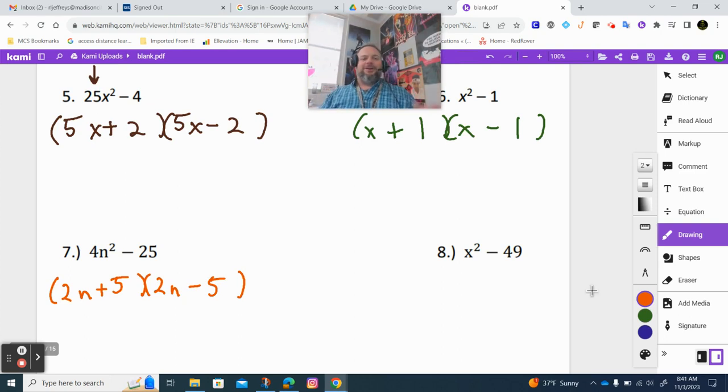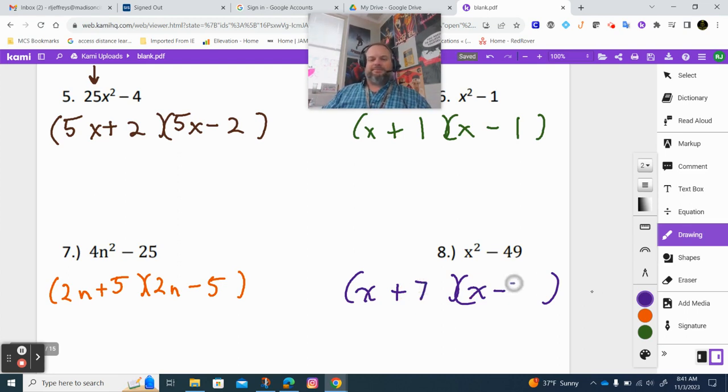Here, the 4 is in the front. 25's in the front, 25's in the back. I know, I'm tricky. And the square root of 49 is 7.